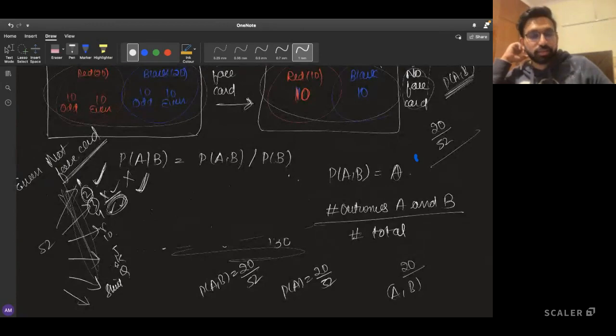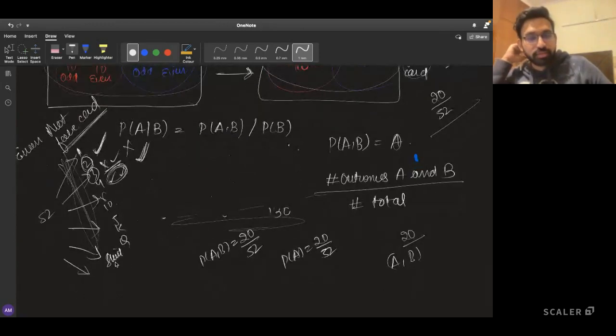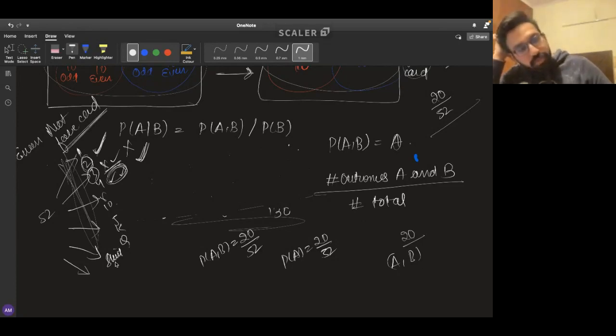Something like probability of A union B is equal to probability of A plus probability of B minus probability of A intersection B. Because using the theorem, it would be much easier to approach this.